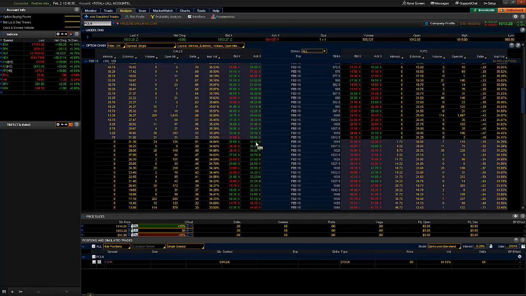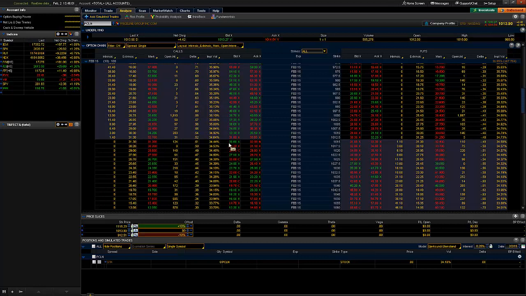Every option, this price right here, is made up of intrinsic and extrinsic value. All right? So I go right here at this price. If this is trading at a bid of 29.30 and an ask of 31.10, and I change this column right here to mark, the mark is all extrinsic value.